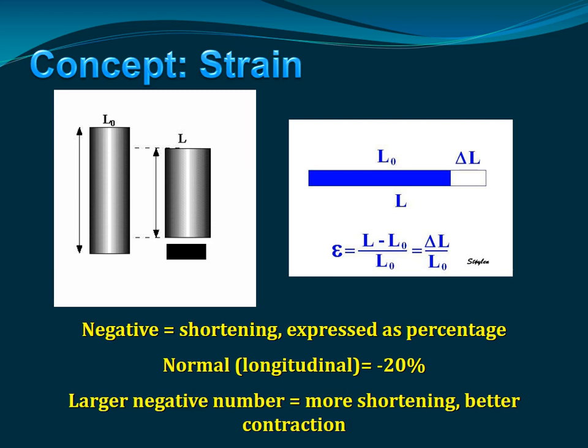If we look at what we have in the left ventricle, the normal number of shortening is about 20% shortening in systole. This is probably the normal number, and in circumferential we have a little bit more, and we have a gradient from base to apex, which increases. The larger negative number, of course, means more shortening and better contraction.